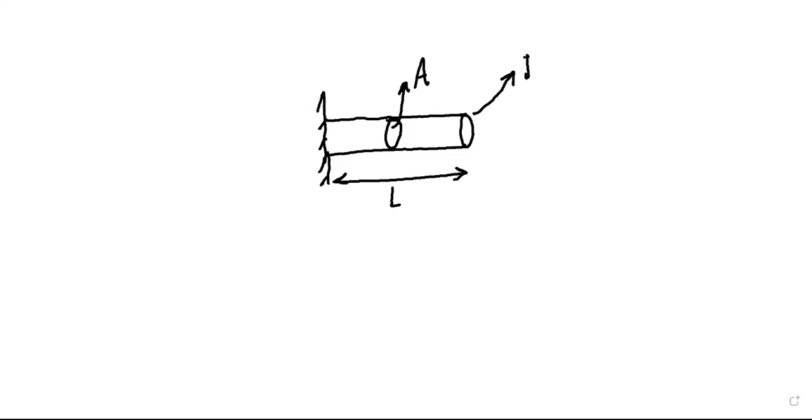Let's suppose its area of cross section is everywhere uniform, say A. The length of this bar is, say, L. This bar is free at one end, and the bar is fixed at another end.